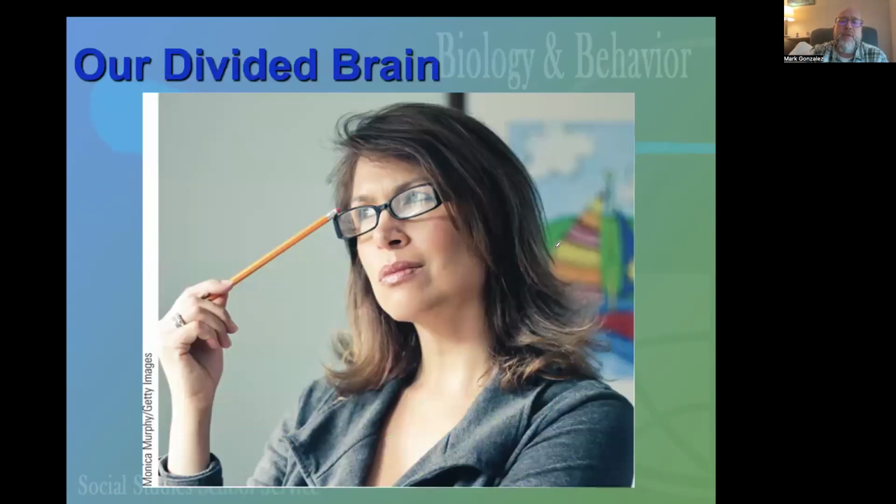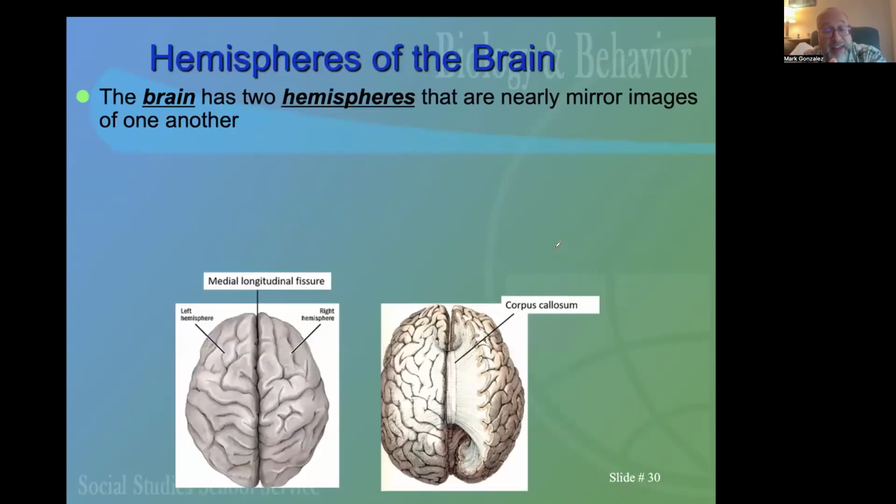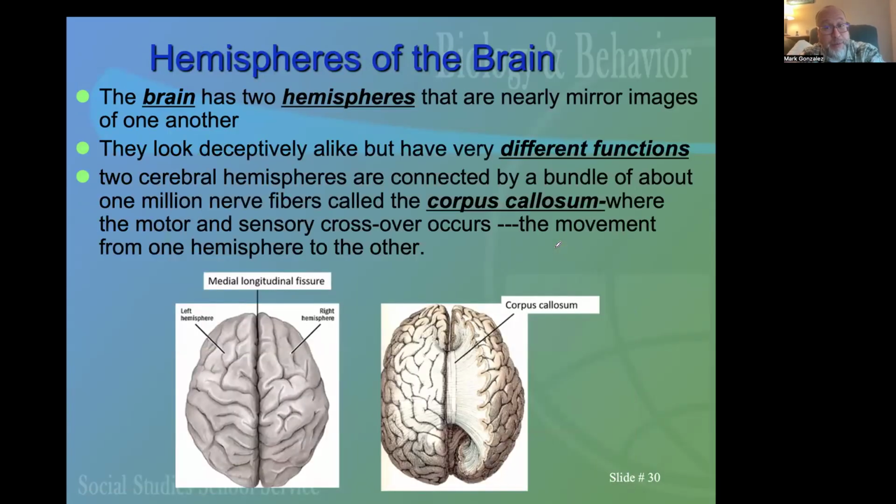So, all right. Getting into what sides of the brain do what, since PET scans show that, we know that the brain has two hemispheres that are nearly mirror images of each other. They look deceptively alike, but they have very different functions. The two cerebral hemispheres are connected by a bundle of 1 million nerve fibers right here.